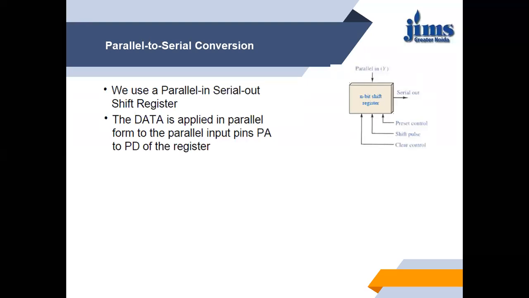The data is applied in parallel form to the parallel input pins PA to PD of the shift register. These are the flip flops we have named A, B, C, D. We are using 4 flip flops, and P stands for parallel in. So this is the general block diagram. Here we have used 4 flip flops, so it is a 4-bit parallel in, serial out shift register.